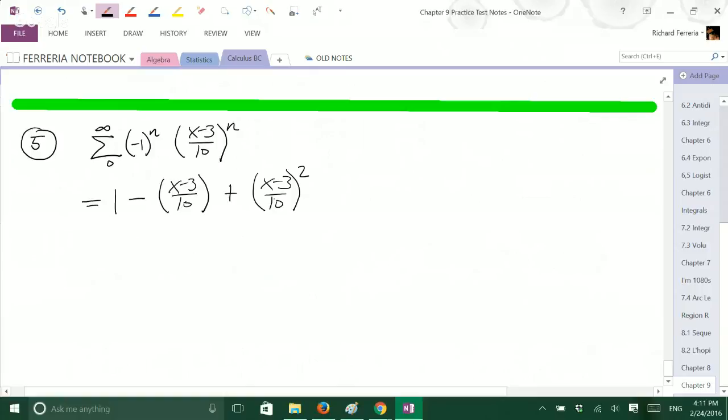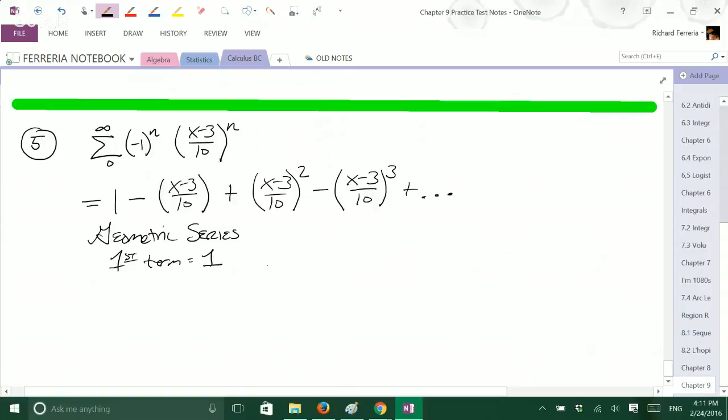So we should be seeing that this is actually a geometric series. Don't care about the general term. That's not really what the question is asking for. So this is a geometric series. First term is 1.